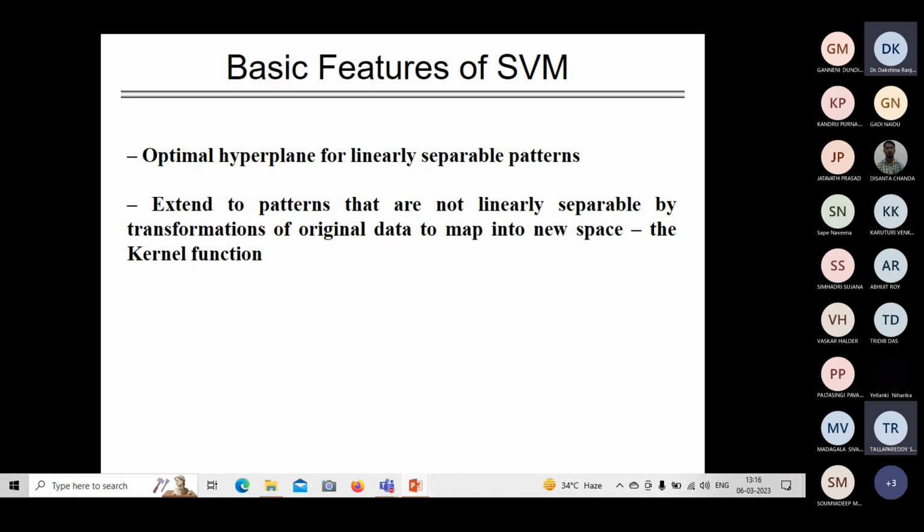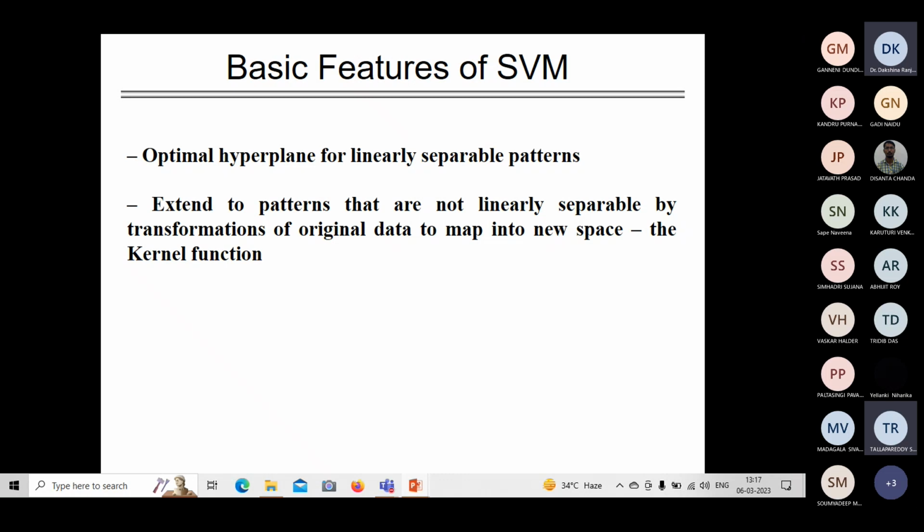We extend to patterns that are not linearly separable by transforming the original data, mapping it to a new space. So if the patterns are not linearly separable, we get the optimal hyperplane by transforming or mapping the original input data to a new feature space, and this is done using kernel functions.